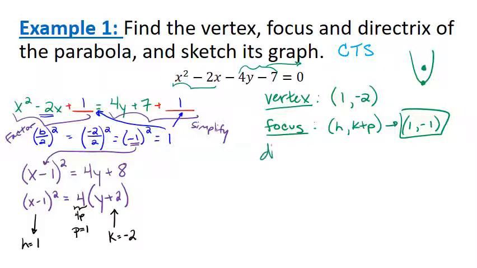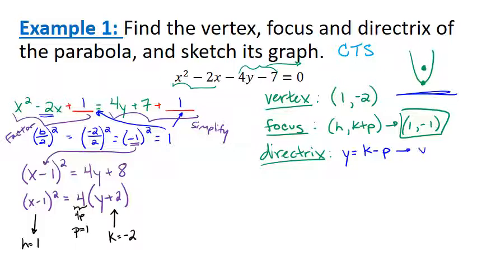Lastly, we need to find the directrix. When we find the directrix, that is going to be the line. In this case, it'll be a horizontal line, p units from the vertex. So this is going to take the form y equals k minus p because it's always below the vertex.